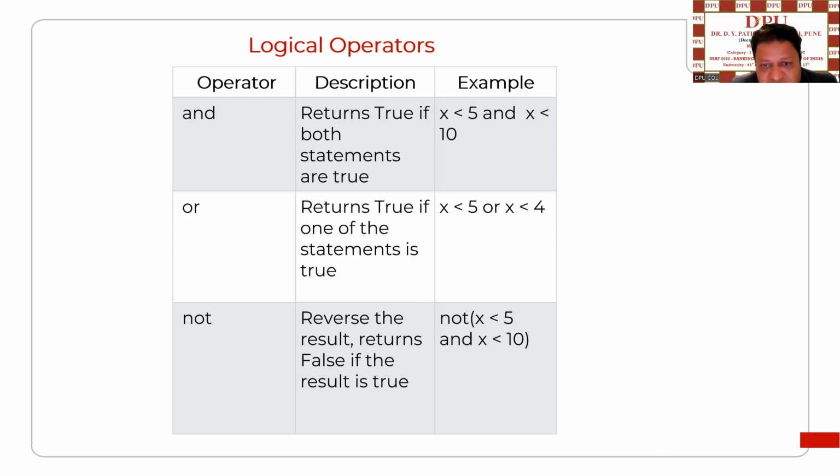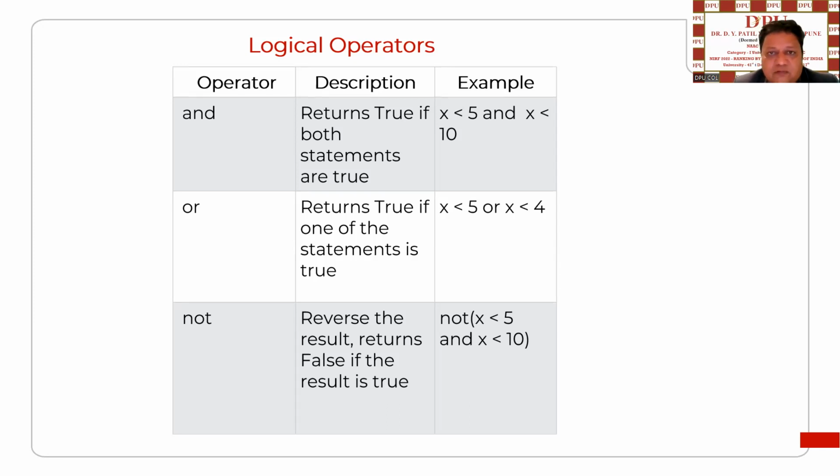If the condition is true, like x, the value of x is less than 5, then this not operator will give you false. Why false? I'm using the not. Means what? The value of x should not be less than 5. We can interpret it like this: only then will this not operator give you a true value.